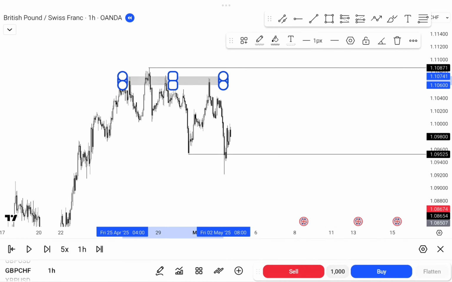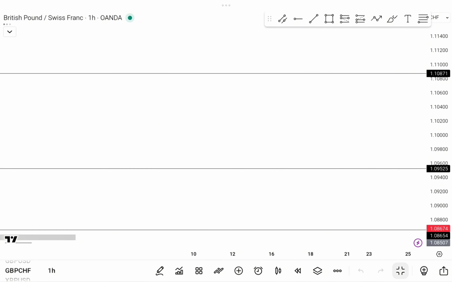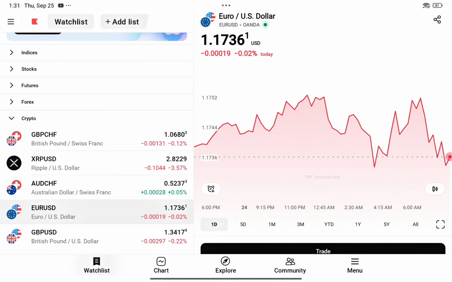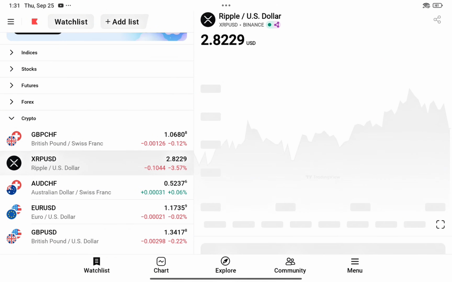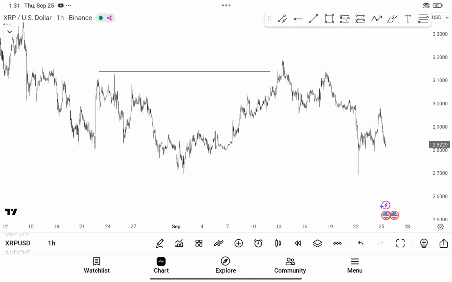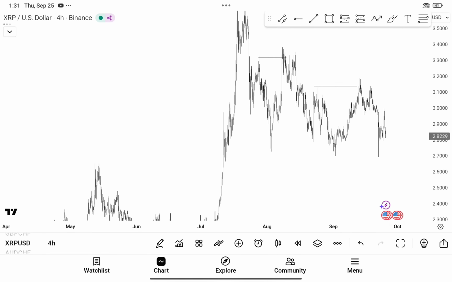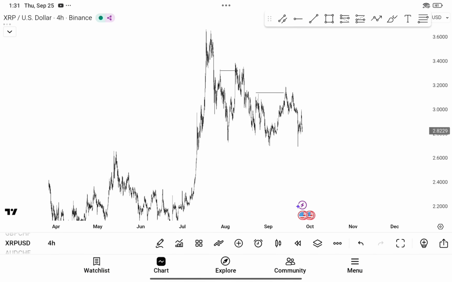Let me go to another example to show you guys. We have so many pairs. This is on crypto, where I took this trade.